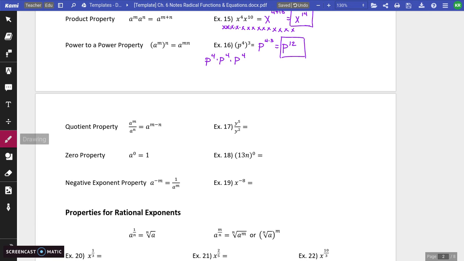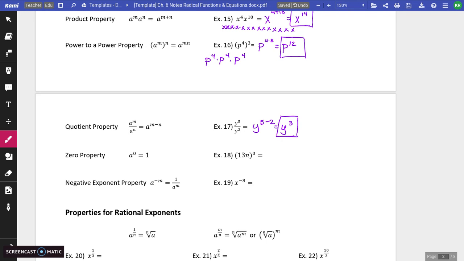All right, the quotient property. If you are dividing, then you subtract exponents. So it's just the reverse of the product property. Product property, you're multiplying, you add exponents. Quotient property, you're dividing, you subtract exponents. So this would be y to the 5 minus 2 power, so that would be y cubed.